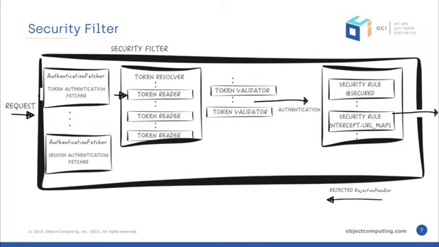It may be that the user is an anonymous user, and we may want to still let the user go through because the endpoint they are visiting is considered accessible for anonymous users. So we have another concept called security rules. There are several beans which implement the security rule interface. One of them, for example, evaluates the @Secured annotation that we will see. There is another one which evaluates a list of intercept URL maps. We will see an example of that.